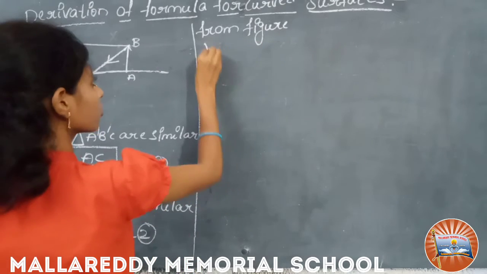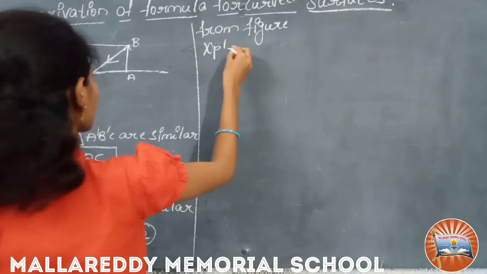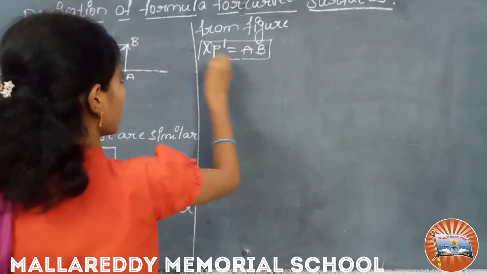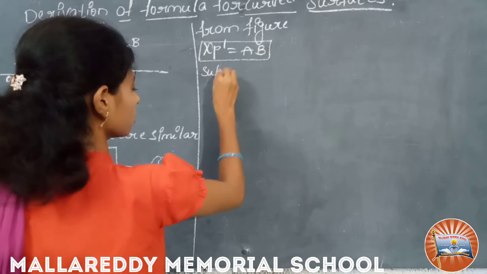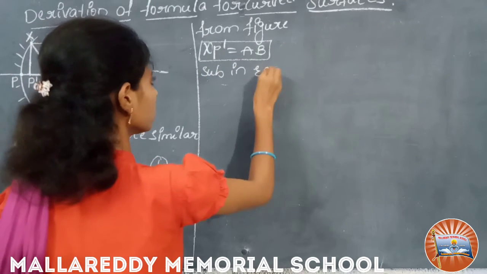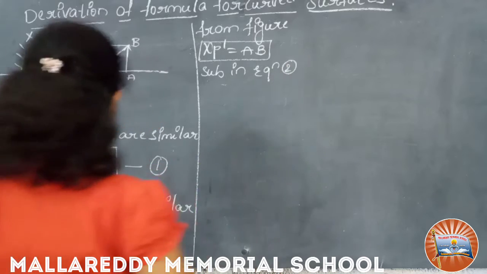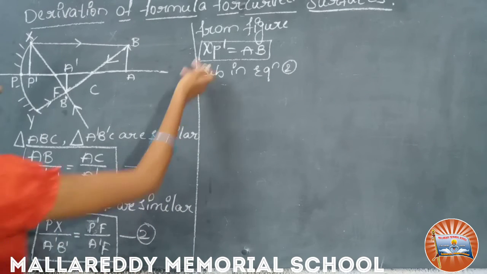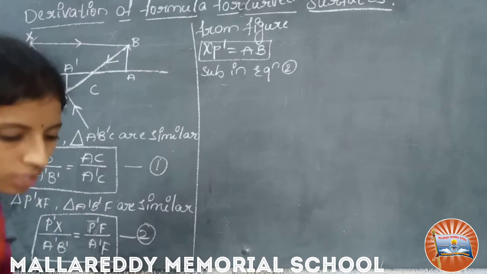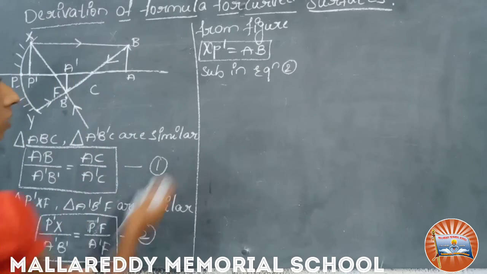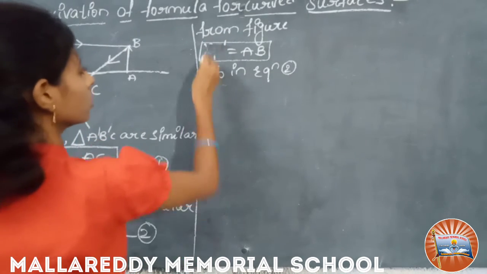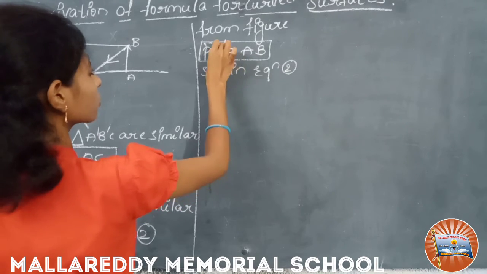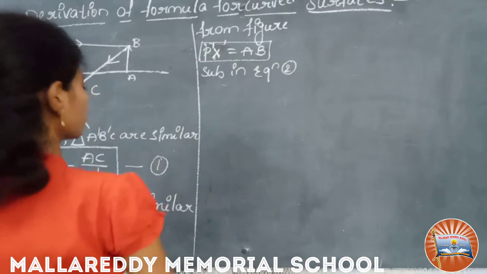We can write that XP dash is equal to AB. Now substitute this in equation 2. Now substitute in place of P dash X. We can write P dash X or X P dash. So if you are getting confused, rub this. So P dash X. Okay. Now substitute this in equation 2.